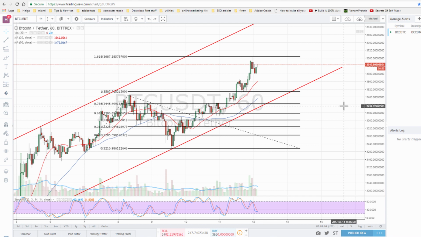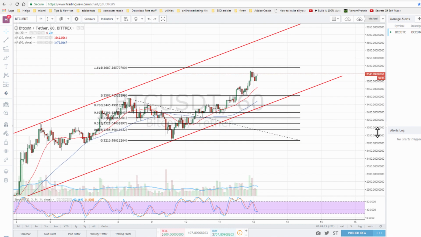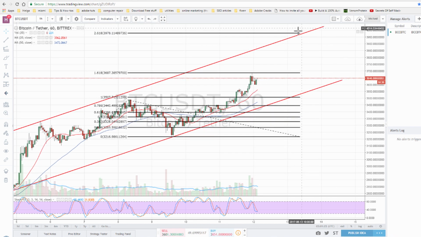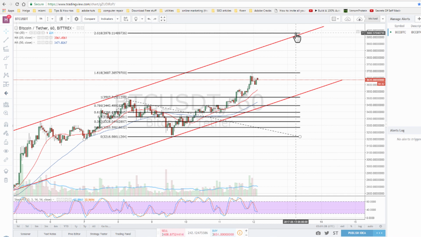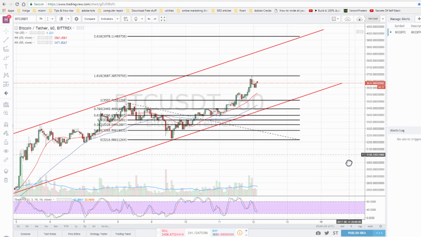So from here, I'm not sure if it's going to retrace a lot or not, but if it doesn't retrace a lot and this continues as a single wave from this point A here, and it continues and breaks this level, the next level we have here is at 3,976, say 3,980. That would be the next level.